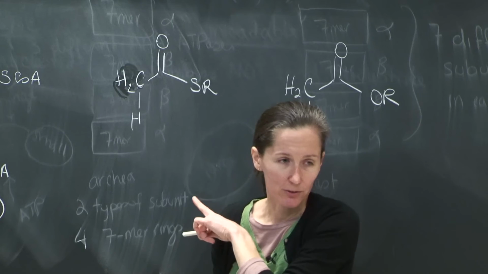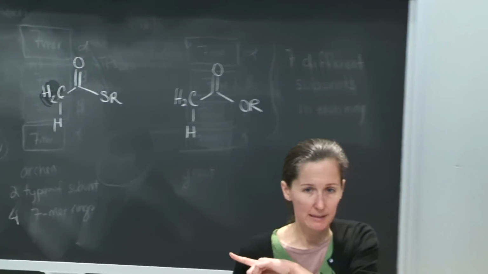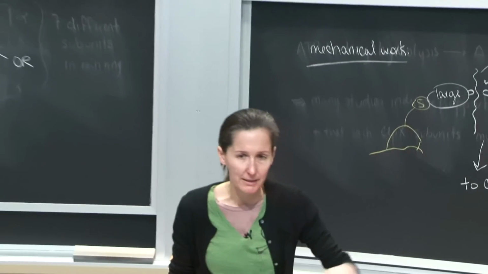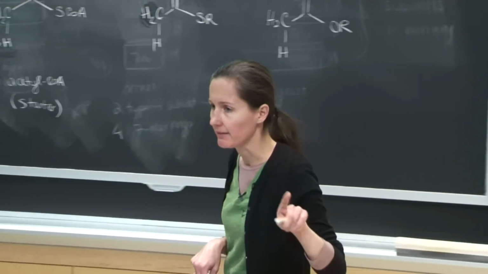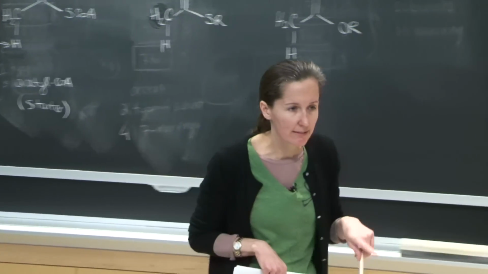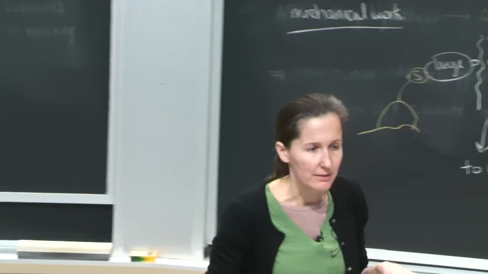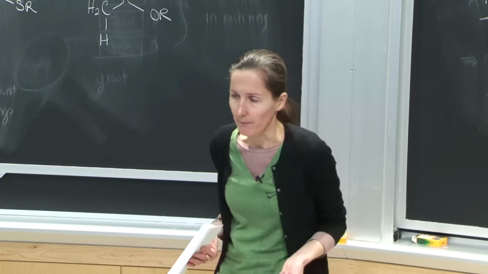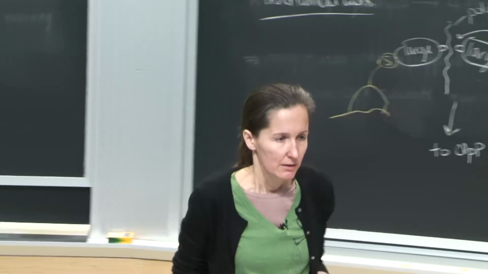Also review the Claisen condensation, because that's the chemistry that's going to be happening to form the carbon-carbon bonds in the fatty acid synthase and in the polyketide synthases. What we're going to see is that the monomers, in each case, are tethered as thioesters. So why is that there?